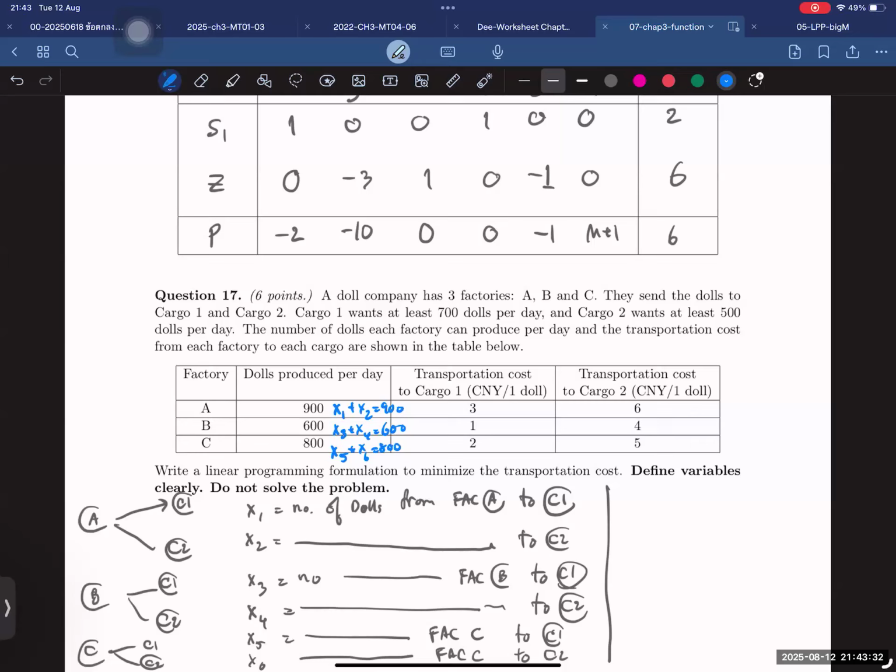But the transportation cost, if x1 to cargo 1 costs $3, so we have $3 times x1 to cargo C1, right? And x2 has the cost of $6 for x2. This is the cost from factory A.